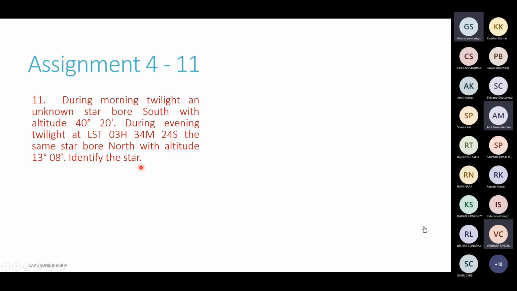Whenever you get such a question, you draw the rational horizon diagram and try to fit in all the required information given to us: a particular celestial body, its bearing, its altitude, or any other information.